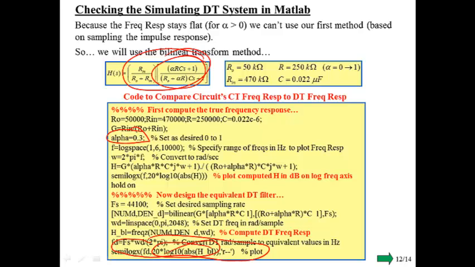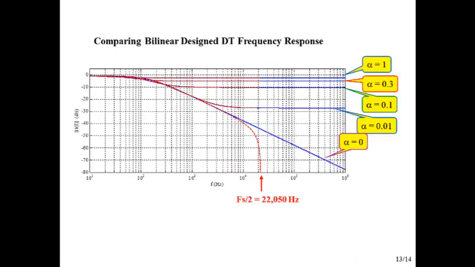And so the plot on the next chart here shows, for the same alpha values we looked at before, the blue curves underneath are the true frequency response, and then the red dashed curves are for the bilinear design. And you can see that it works really well for these.